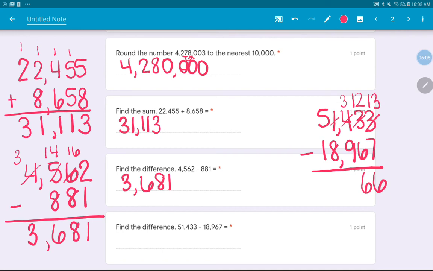That would be 0, and it would be 13. 13 minus 9 is 4, and then you'd have to borrow from the 5 again. That would be 4, and then it would be 10. And 10 minus 8 is 2, and 4 minus 1 is 3. Very good. 32,466 is the correct answer.